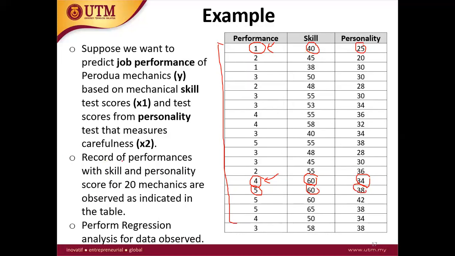So the records of performances with skill and personality scores for 20 mechanics are observed as indicated in the table.